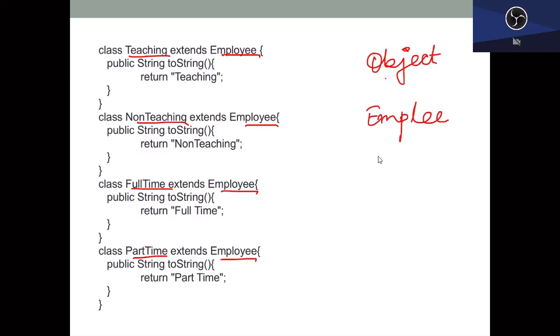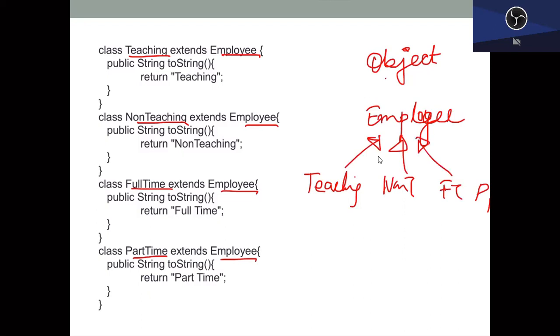Then under employee, I have teaching. Then non-teaching, then full-time, then part-time. So this is our hierarchy. So you can see teaching object is an employee, non-teaching is an employee, full-time is an employee, part-time is an employee. An employee is an object.